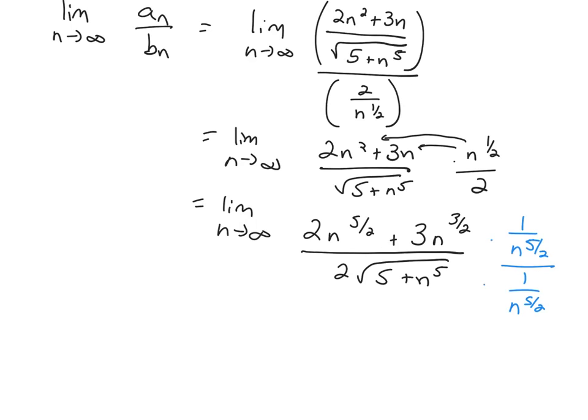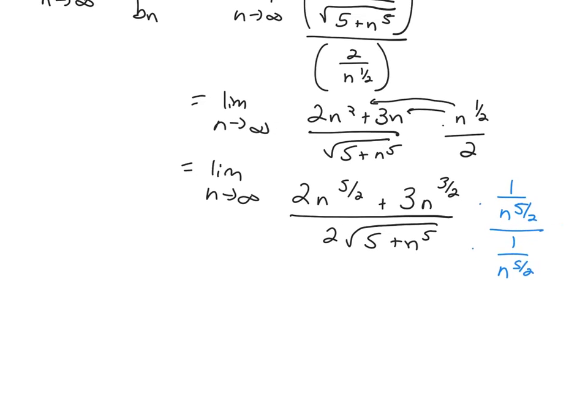And distribute in the numerator. Okay, so we're gonna get the limit as n goes to infinity. It'll be 2 plus 3 over n, 2 times this, and then I'm gonna pull this n to the 5 halves.